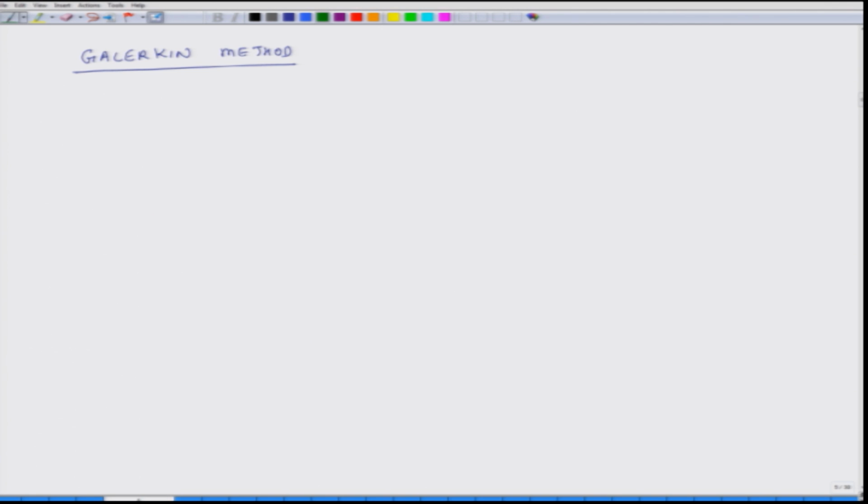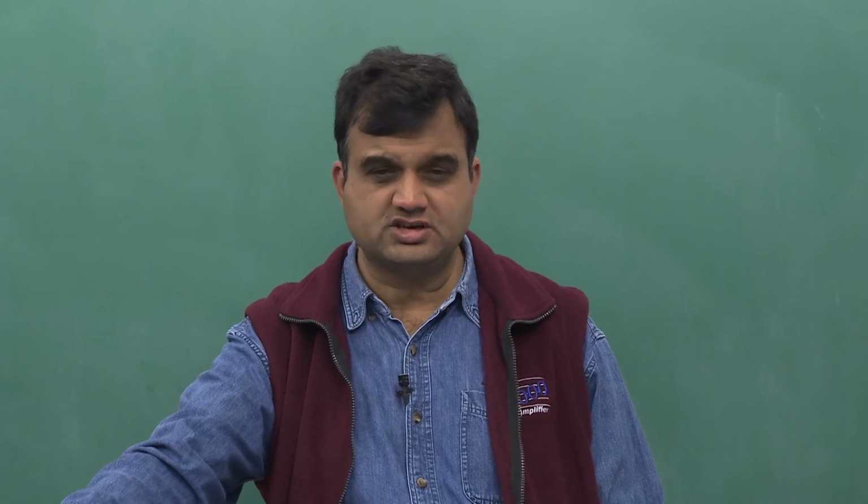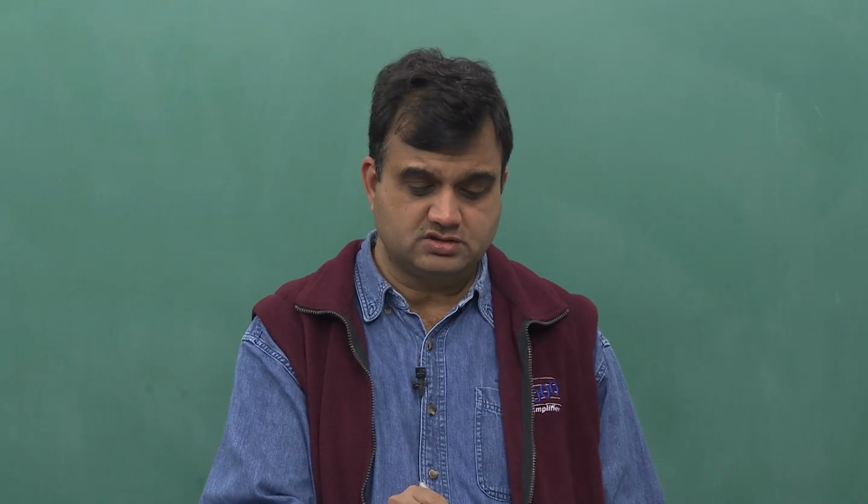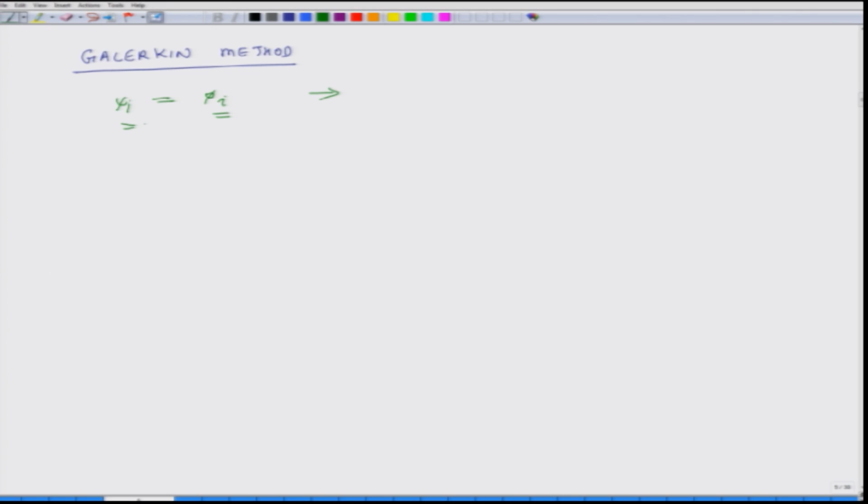Here we say that psi I should be equal to phi I. The good thing is that we do not have to guess a new set of functions. If we have figured out functions phi I which meet all the natural and essential boundary conditions, we can use the same functions for weight functions.